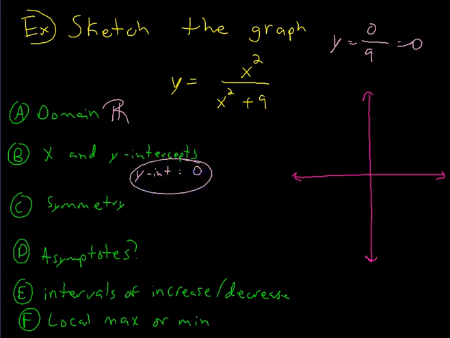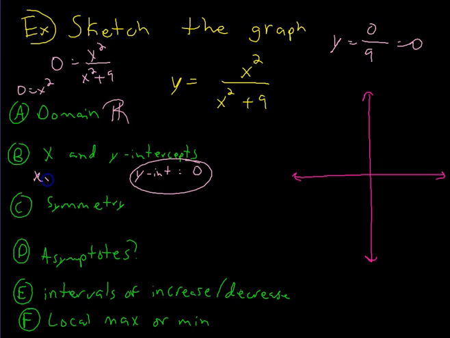And my x-intercept, when I make y equal to 0, I will get 0 equals x squared over x squared plus 9. To solve that, I cross multiply x squared plus 9 by 0, so you would still get 0 equals x squared. So x has to be 0 because 0 squared is 0.